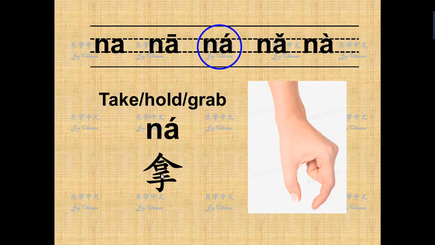Na. You will see it looks a little complicated, but in the bottom part there is a word. It's actually in Chinese is hand. So when something is related to your hand, in the Chinese language, we sometimes put a hand to combine with some other part, meaning something related to the hand. Na.